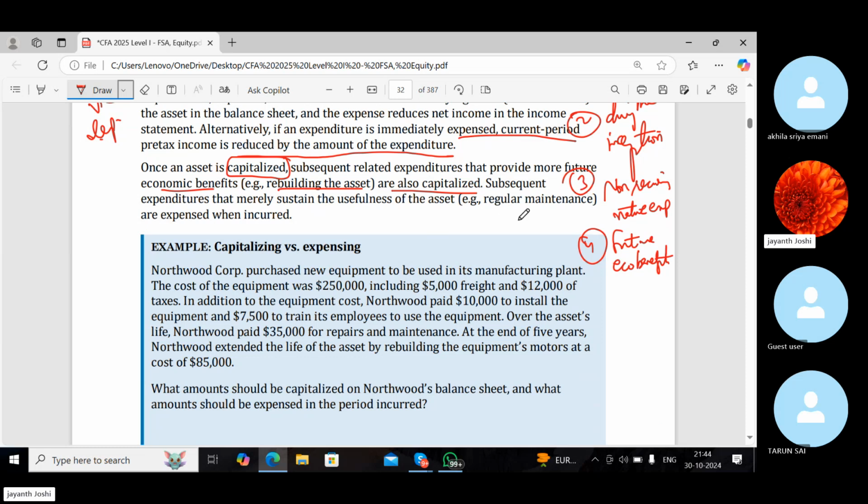But recurring nature, happening at regular intervals and making the asset sustain its usefulness, okay, if you don't spend this, the asset will not be that useful for you or give you great service, like regular maintenance, etc., are expensed. This is the topic which we have discussed right now. Please go through this. Once I have a reading, then we'll go for the question. Fast.